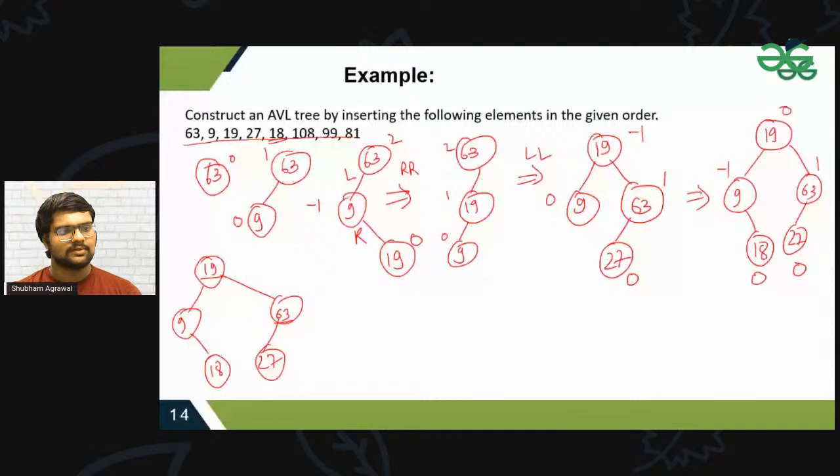So 108 is greater than 63, so it will be in the right of 63. And now again when we compute the balance factor, it is 0, it is 0, it is 0, it is 0, it is -1, and it is 0. So again our tree is balanced, so no need to perform the rotations. Okay, now let's insert 99.